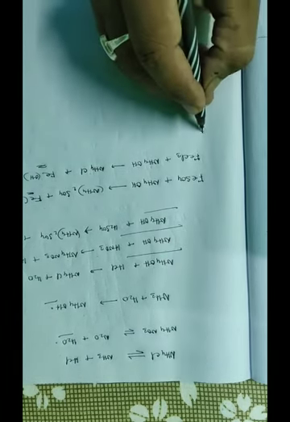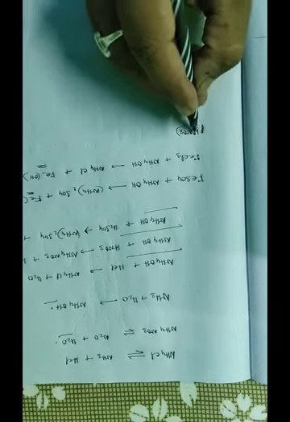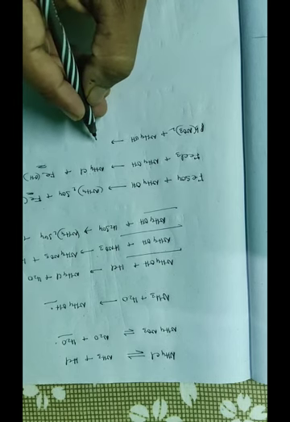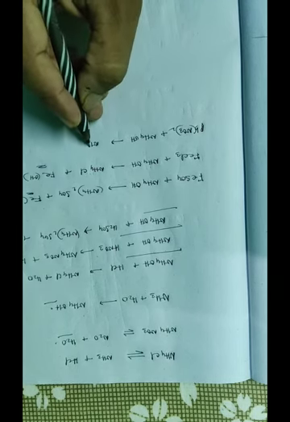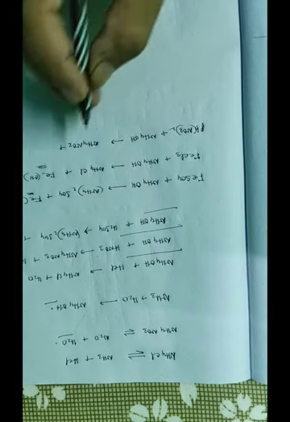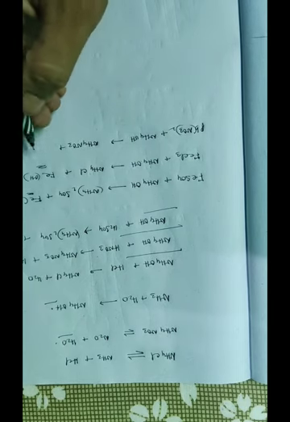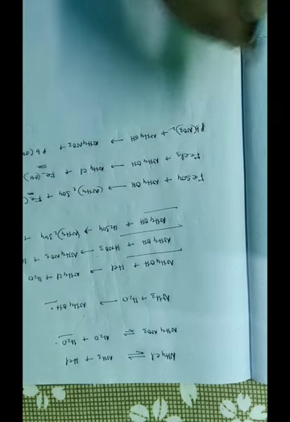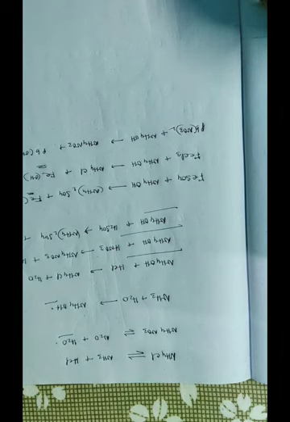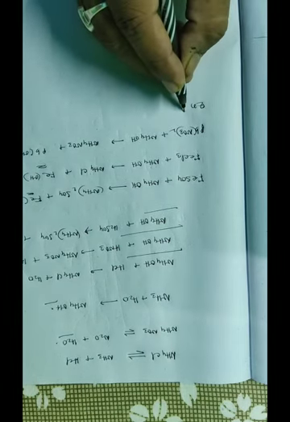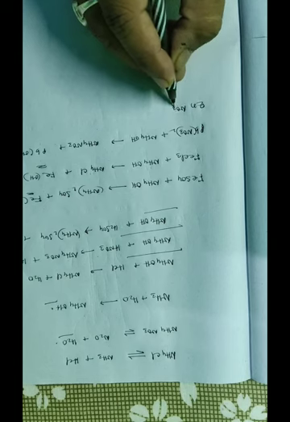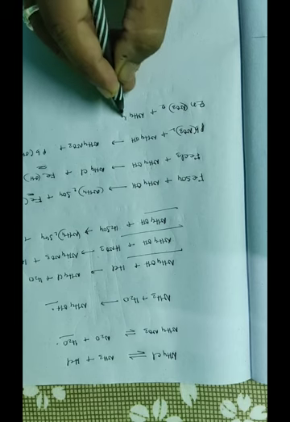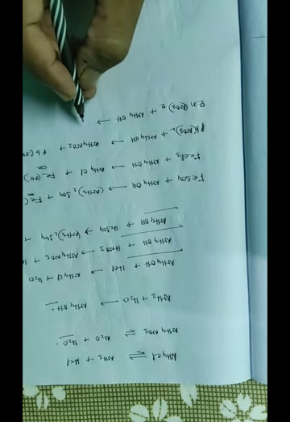Now lead nitrate plus ammonium hydroxide. What will be the product? Ammonium nitrate plus Pb(OH)2, lead hydroxide, insoluble in excess. Then zinc nitrate plus ammonium hydroxide. What was the product?